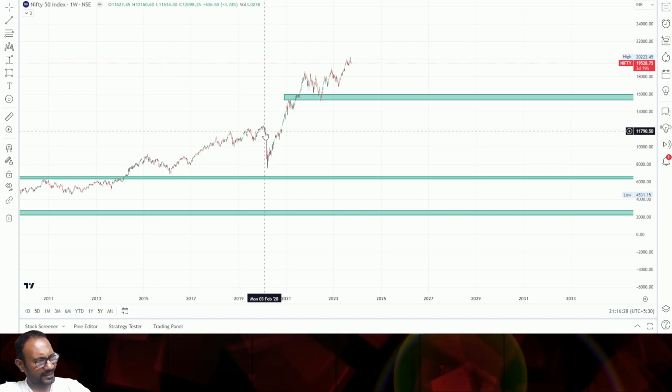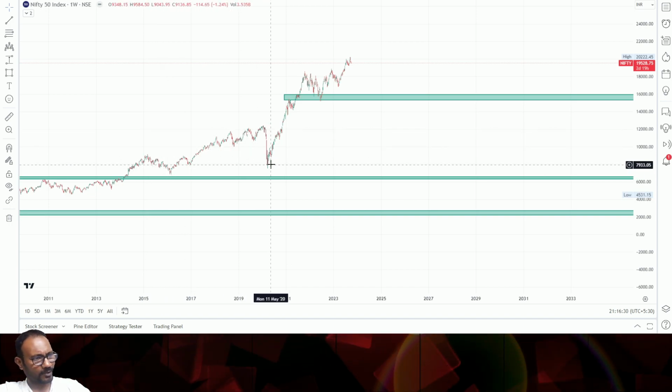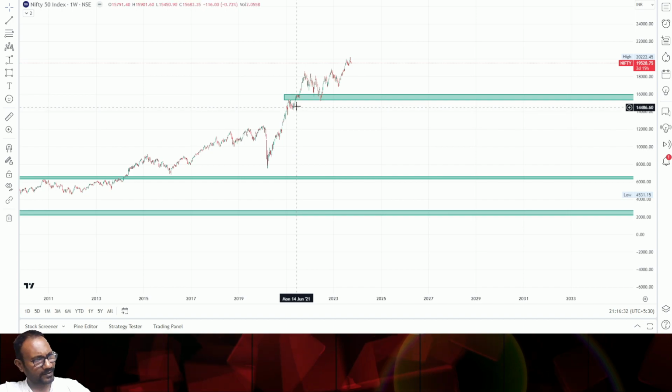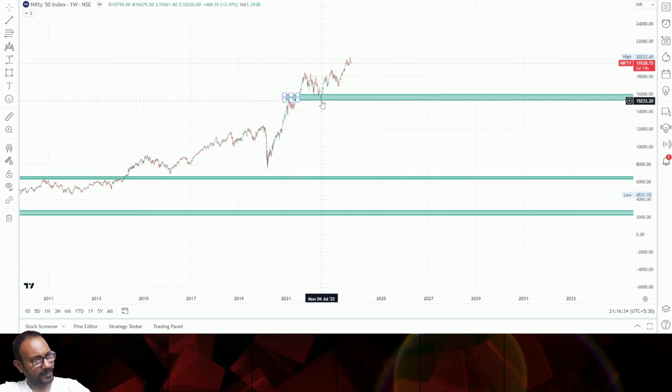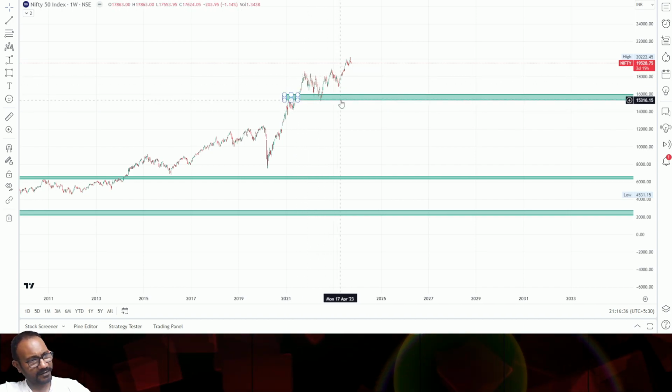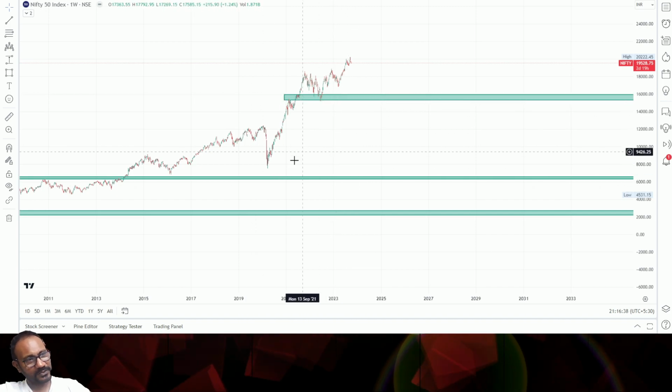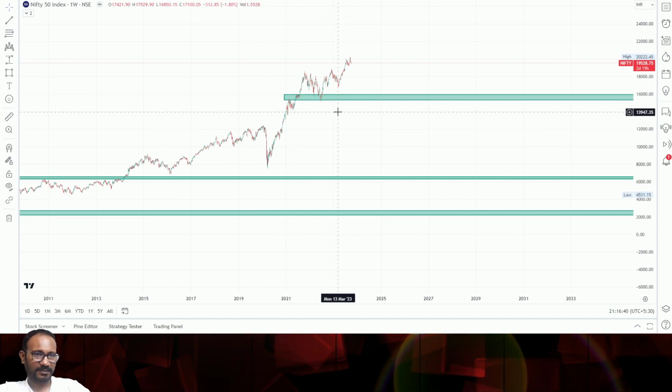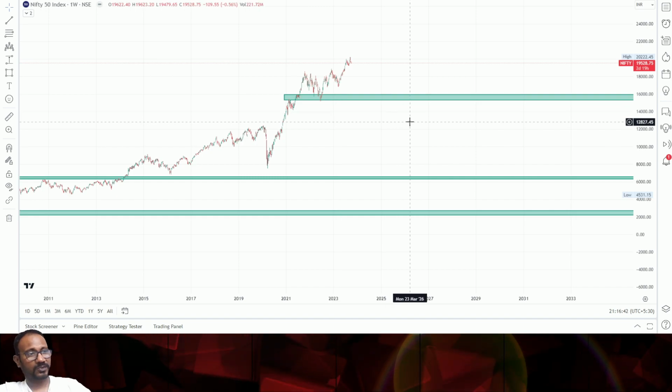It rallied, and clearly this is the 2020 fall, and after that it rallied and then got rejected again. The moment it came here, it fired up again, it never retested. So these are the three zones that I'm anticipating to be strong support, right?